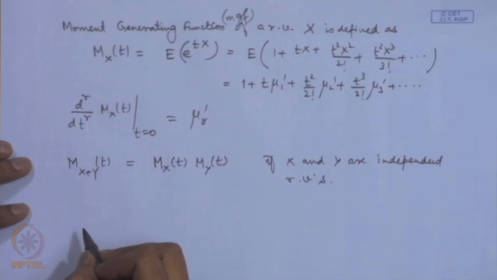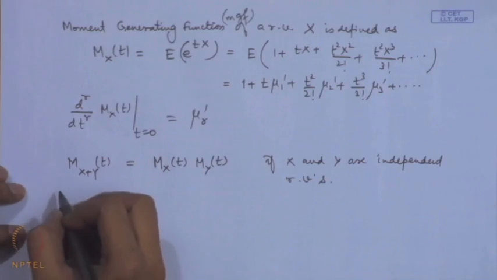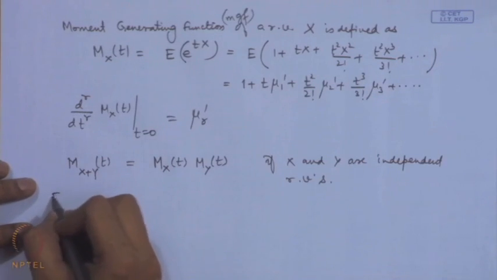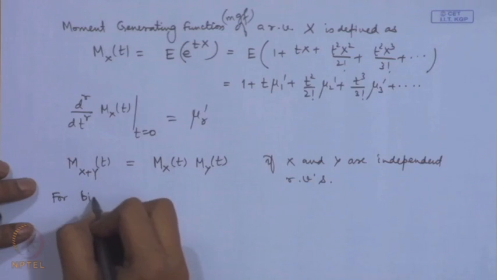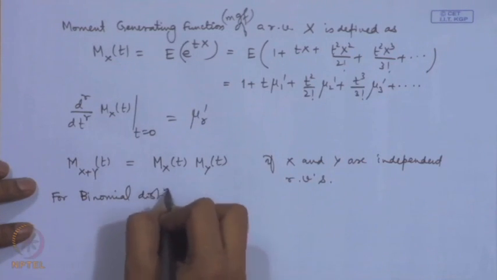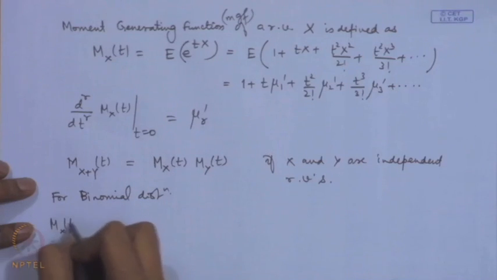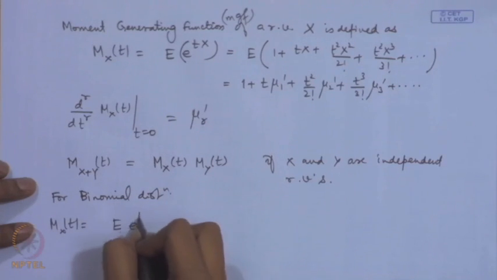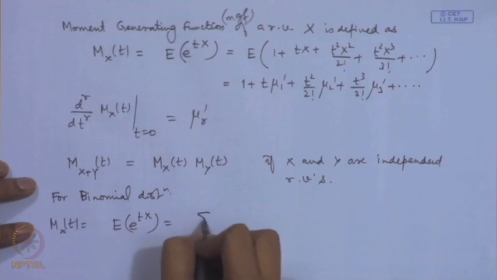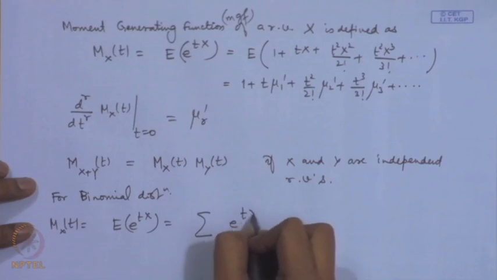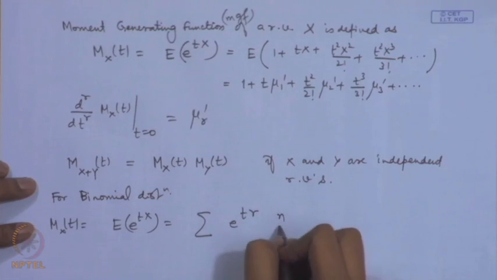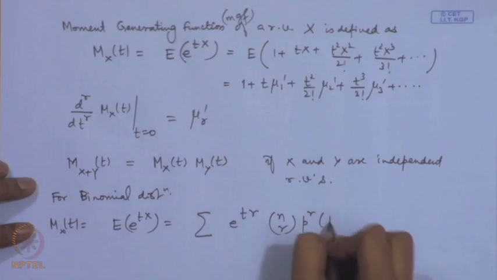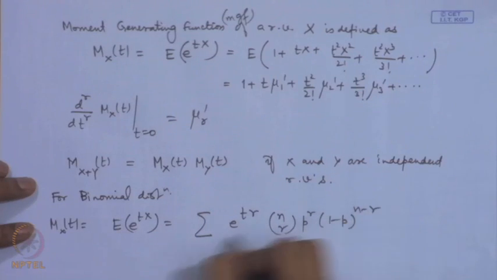Now, let us look at this in the context of the binomial distribution. For the binomial distribution, moment generating function, that is equal to expectation e to the power t x, that is equal to sigma e to the power t r n C r p to the power r into 1 minus p to the power n minus r, r is equal to 0 to n.